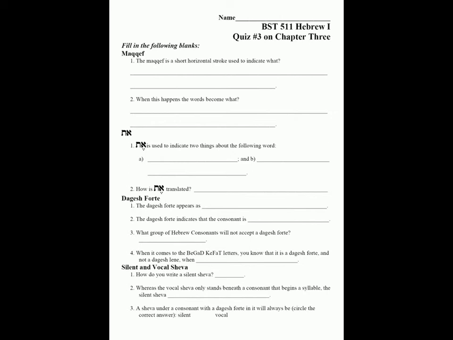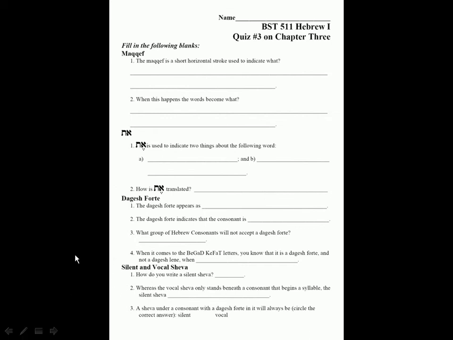How do you write a silent schwa? Exactly the same way you write a vocal schwa, two dots, one above the other. Whereas the vocal schwa only stands beneath a consonant that begins a syllable, the silent schwa stands beneath a consonant that ends a syllable. And a schwa under a consonant with a dagesh forte in it is always going to be vocal, and that's because the dagesh forte is doubling the letter.